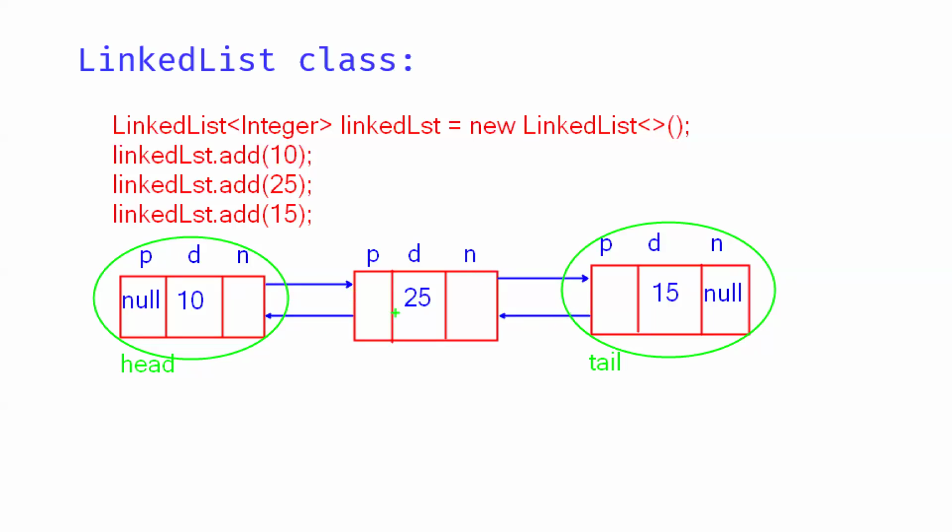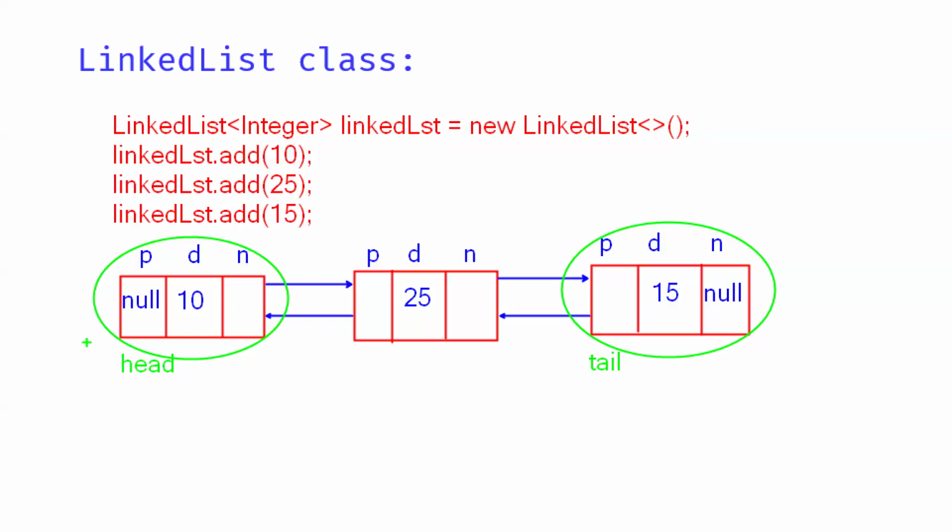There are two sets of arrows because there is a next link and a previous link. Is it a single linked list or a double linked list? It is a double linked list. So now I can move the cursor from head to tail, or even from tail to head.